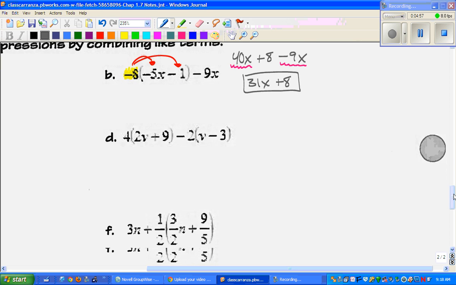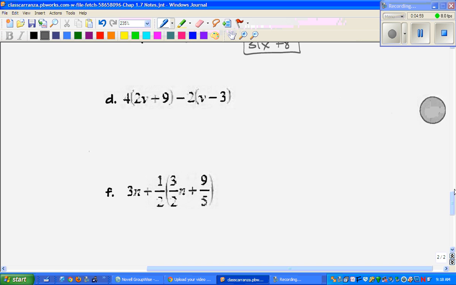Let's look at D. I'm going to do the click on this back side just so I can see that that's a -2 we're distributing. We have two distributions right there. We get 8y plus 36, and we're distributing the -2, and you get -2v plus 6.